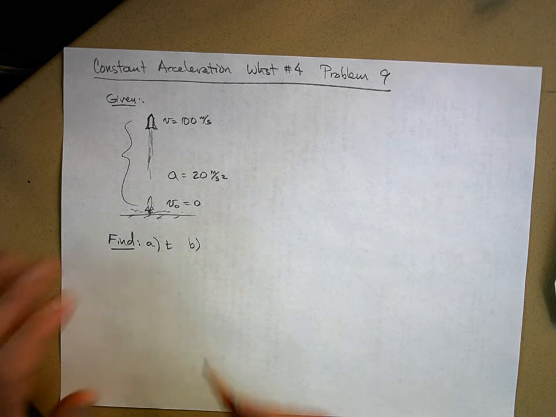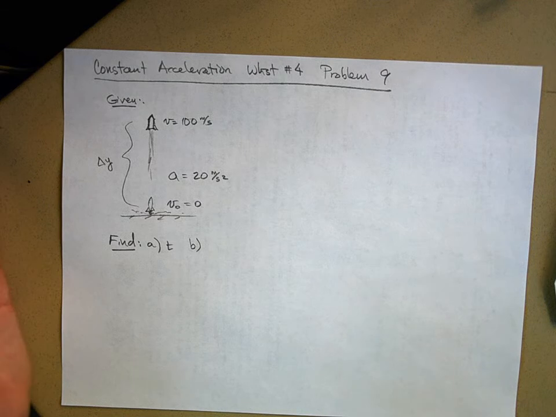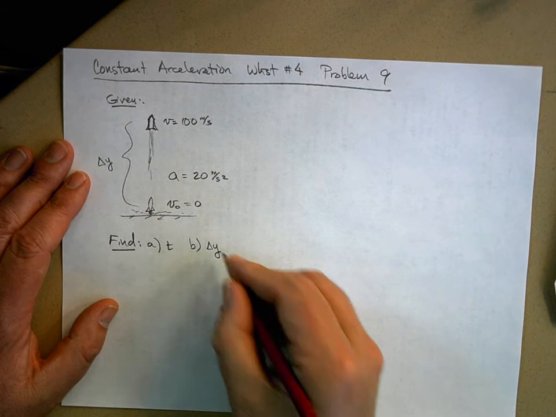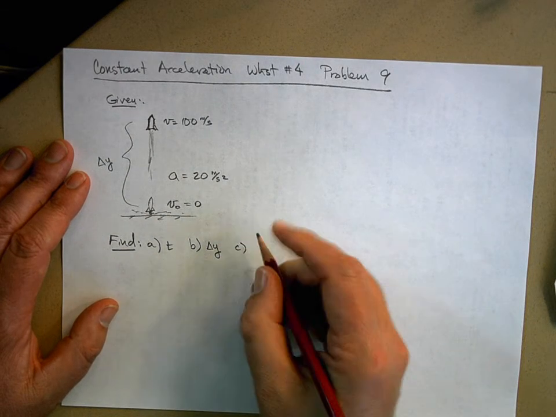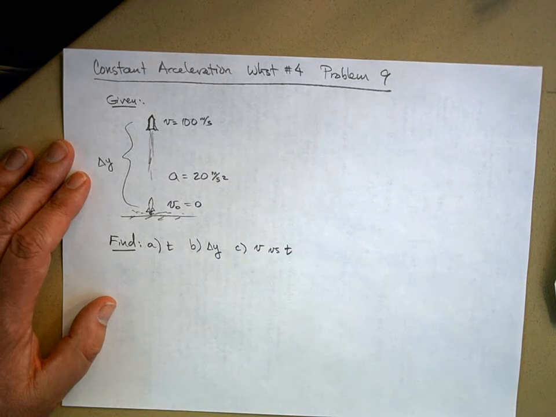I'm going to call it delta y. Oh, wait a minute, that's the same thing. If you want to call it delta x, you won't offend me. And then for part C, we want a velocity versus time graph.